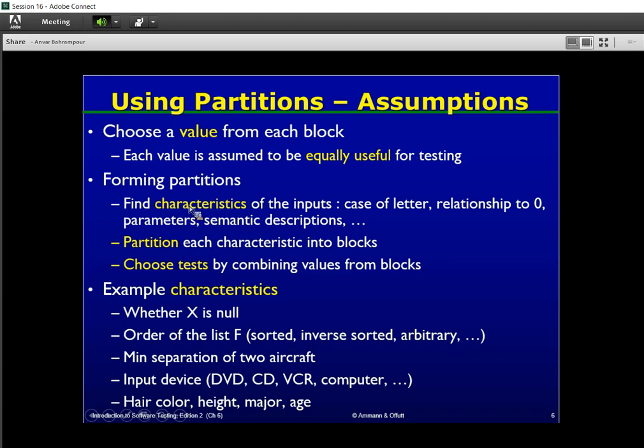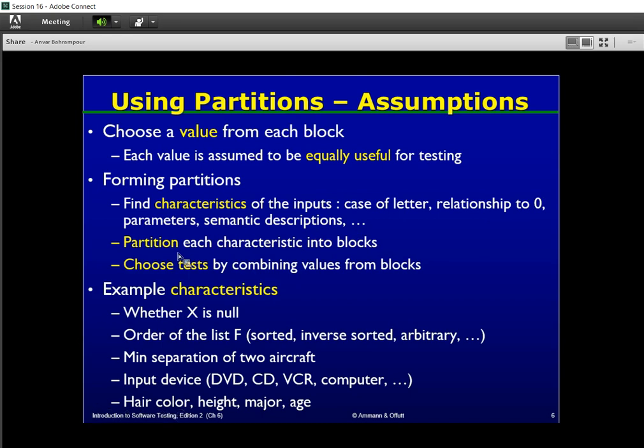So the first responsibility of the test engineer is to find characteristics of input parameters, such as case of letters, relationship to special values such as 0 for integer parameters, and some other semantics of our input parameters.